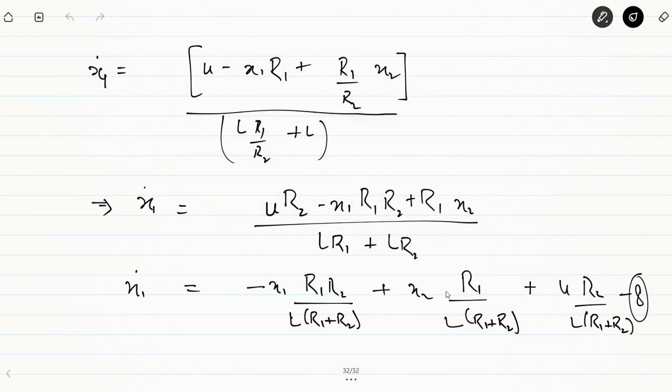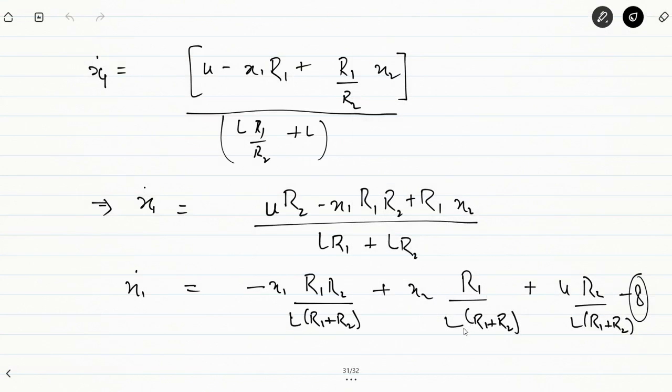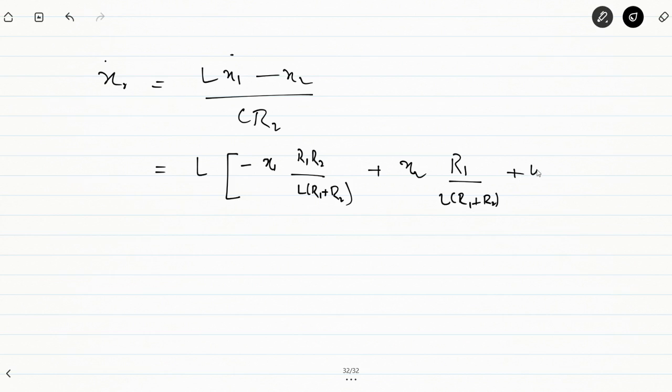Minus X1 R1 R2 divided by L R1 plus R2 plus X2 R1 divided by L R1 plus R2, plus U R2 by L R1 plus R2.